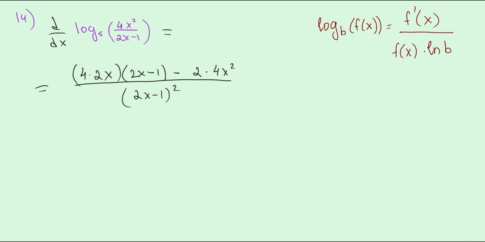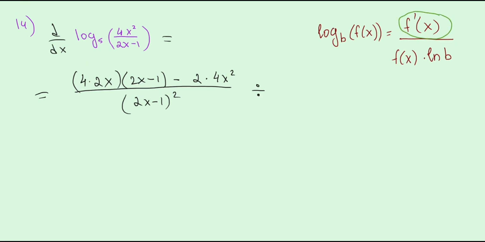Okay, in this case, we only found the derivative of the function. Now we're going to divide this by f of x and natural log of the base. So we will have divided by 4x squared over 2x minus 1, times natural log of 5.